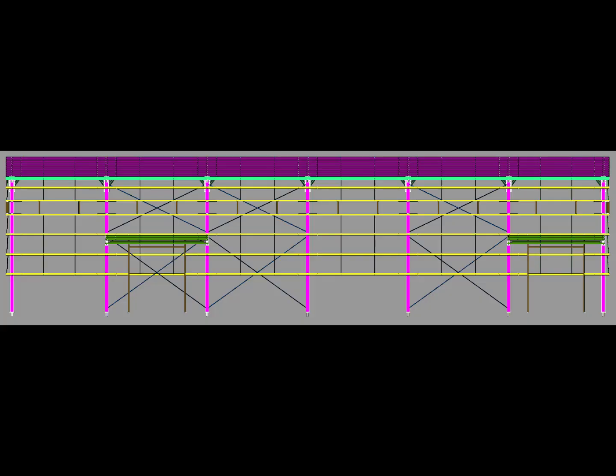A small secondary member is provided to support and stabilize the framing system, but the actual location and arrangement depend on the project design. That is why we should always refer to the actual project drawing and 3D model rather than assuming that every PEB building will have exactly the same arrangement.